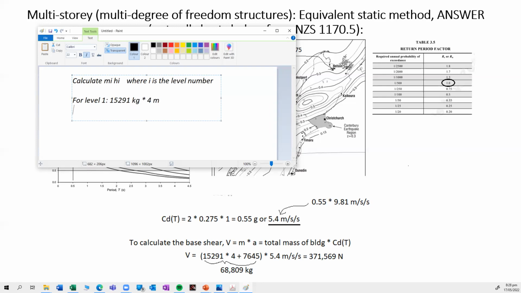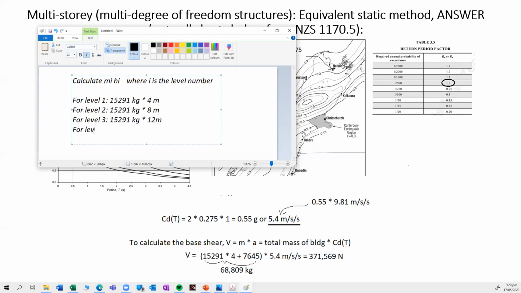For level 2, 15291 kg times 8 meters, etc. For level 3, times 12 meters.